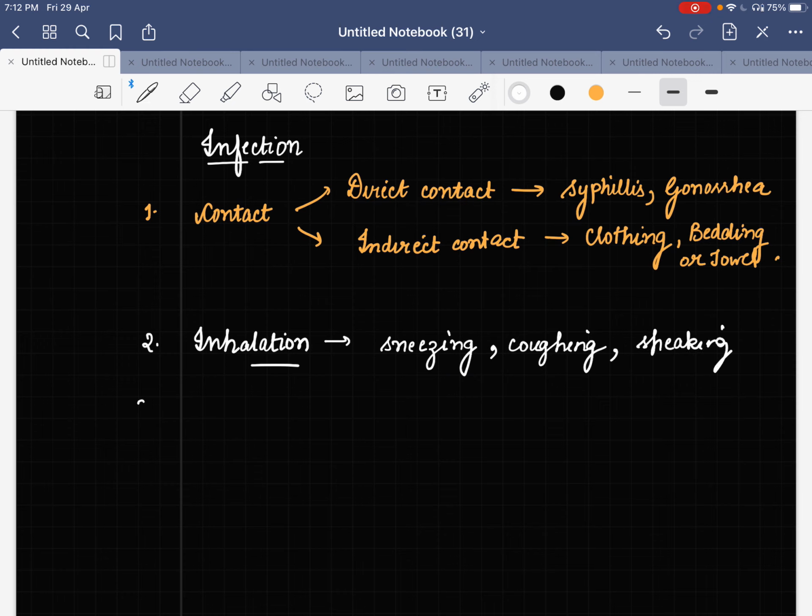The third type is ingestion. Now, due to ingestion, there are mainly intestinal infections. These are due to the ingestion of the food or drinks that are contaminated by the microorganism.